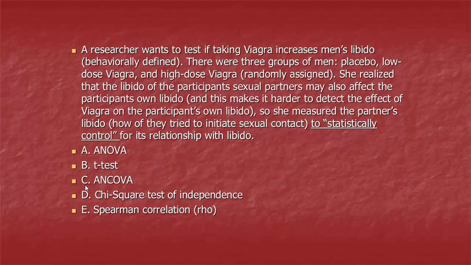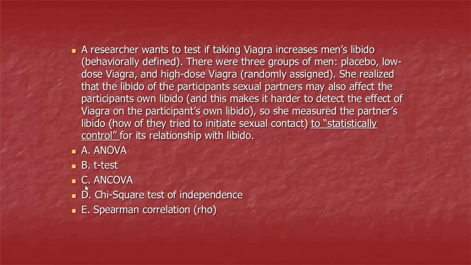And ANCOVA is like doing a one-way ANOVA while statistically controlling for another variable. It's not a t-test. Why? Well, the short answer, the easiest thing to think is that we have 3 different levels, not just 2. We have placebo, low dose, and high dose. So a simple t-test wouldn't cut it.